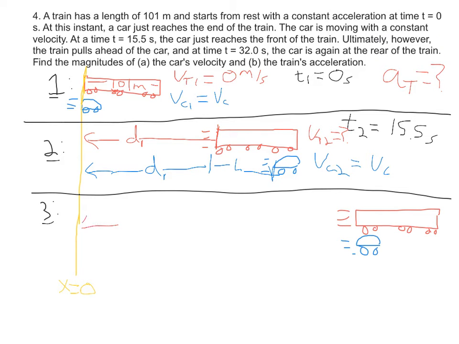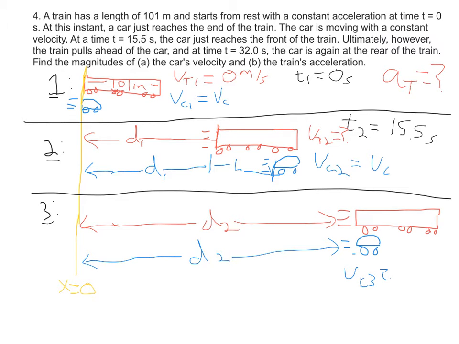We can now observe that the train has covered some distance, I'm going to call d2, and the car has also covered this distance, d2, as well, and it still has its same velocity because it doesn't change. Let me clean that up a little bit. The velocity of the car in position 3 is still the same velocity of the car. My equal sign doesn't want to look nice.